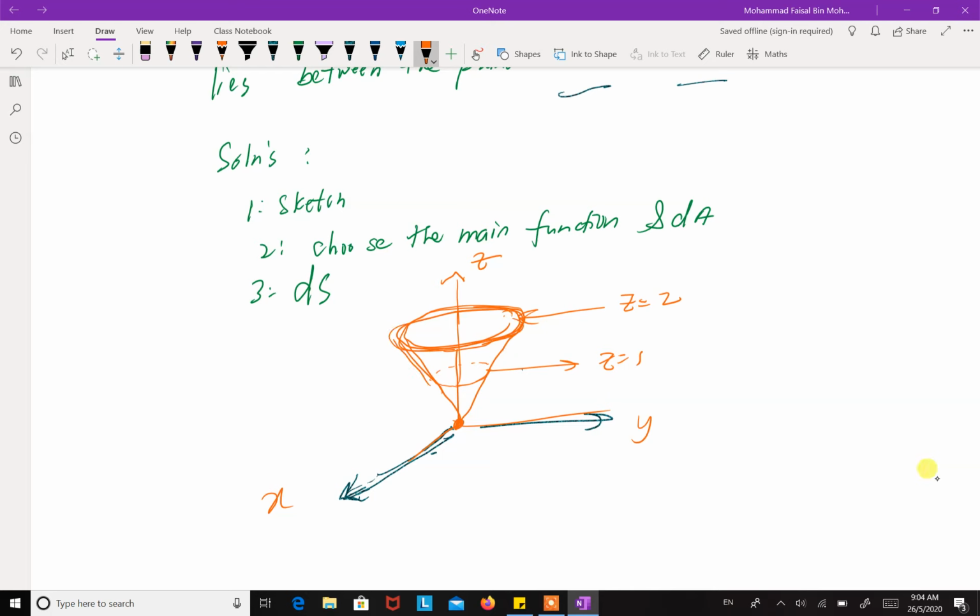The cone is infinite, but they give the planes z equals to 1 and z equals to 2. So what you can see here is the part of the cone that lies between z equals to 1 and 2, which means you have a surface outside the cone, not inside.